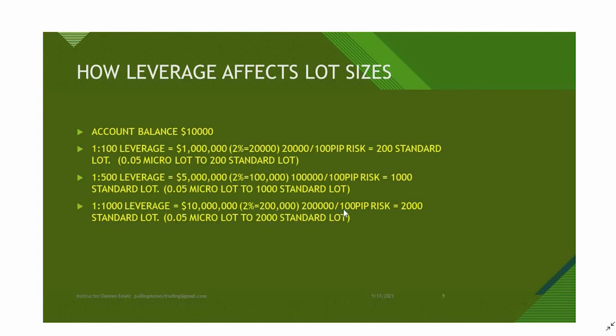And the 200,000 divided by the 100 pip risk equals 2,000 standard lots. 0.05 microlot without the leverage, and we are now up to 2,000 standard lots with a 1 to 1000 leverage. So you'll be able to control 2,000.